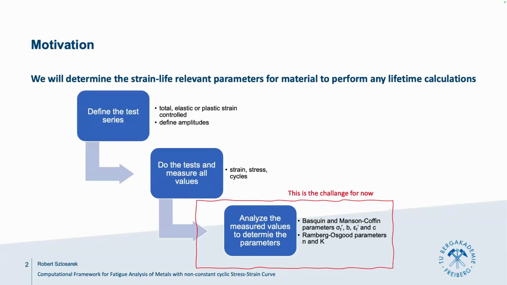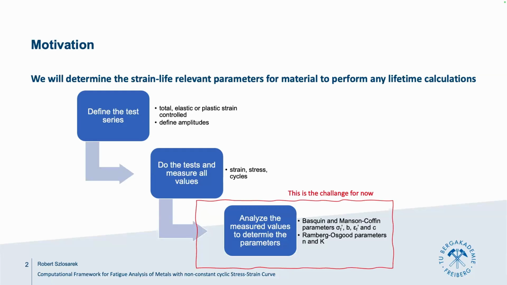And then we go through the list of what they did. We talk about what kind of tests they performed. Is it total elastic or plastic, strain controlled? What are the amplitudes? What kind of measurement data are available? Most times it is the strain, so the elastic and the plastic strain, the stress, and the number of cycles until fatigue fracture.